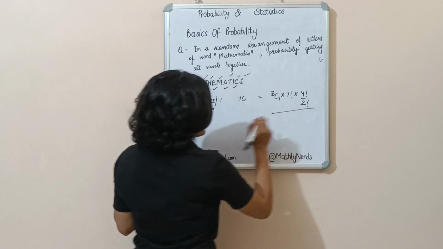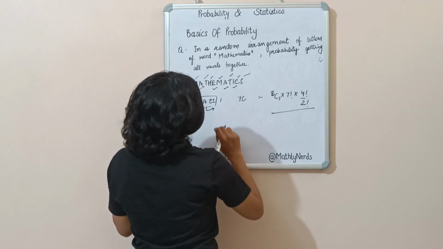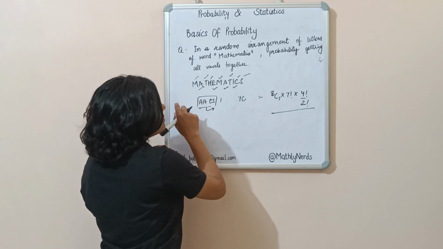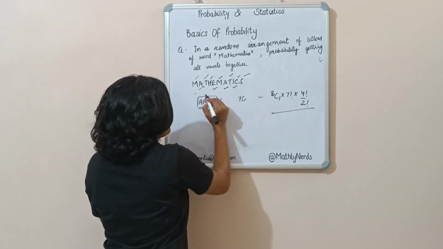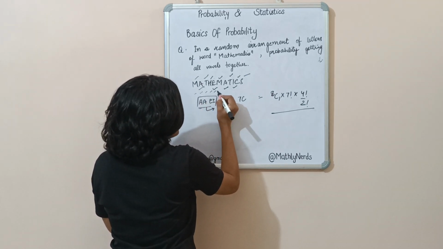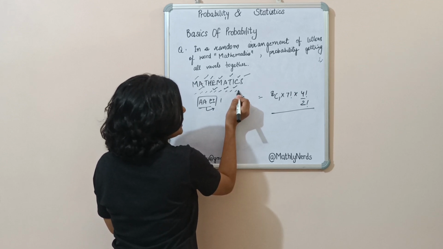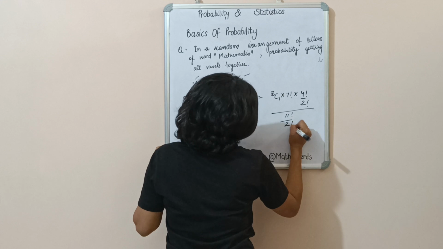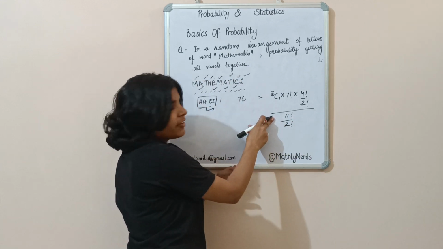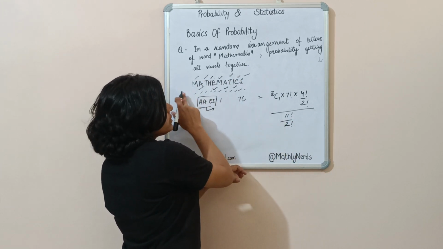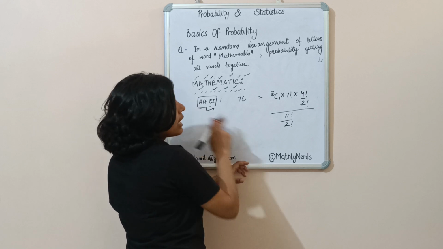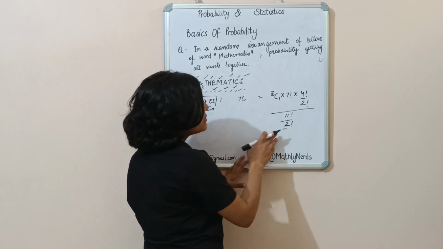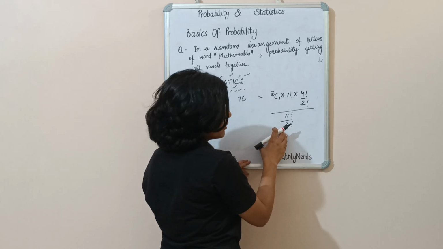This is the number of arrangements, divided by our total number of arrangements. Our total number of arrangements will be 1, 2, 3, 4, 5, 6, 7, 8, 9, 10, 11, so 11 factorial by 2 factorial. Because we have 11 letters in this one and we have 2 A's, so it is repeated, that's why we will divide it by 2 factorial.